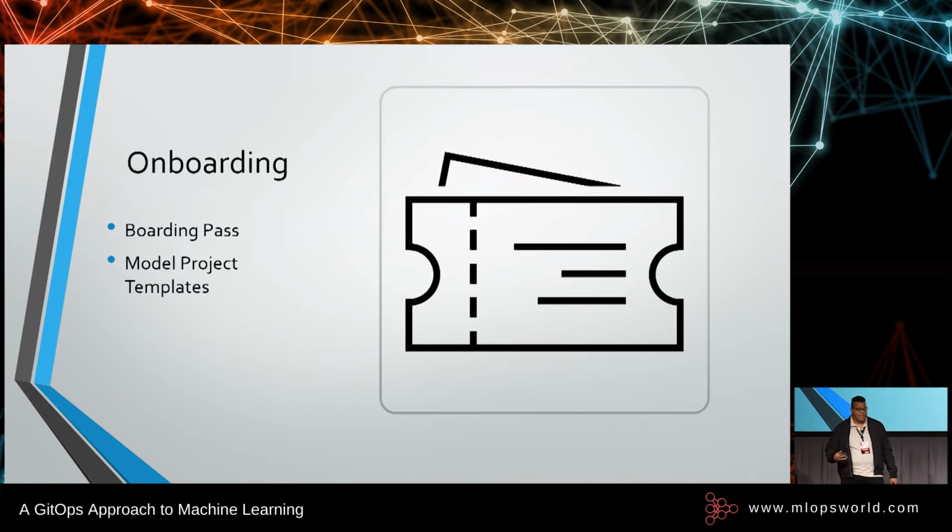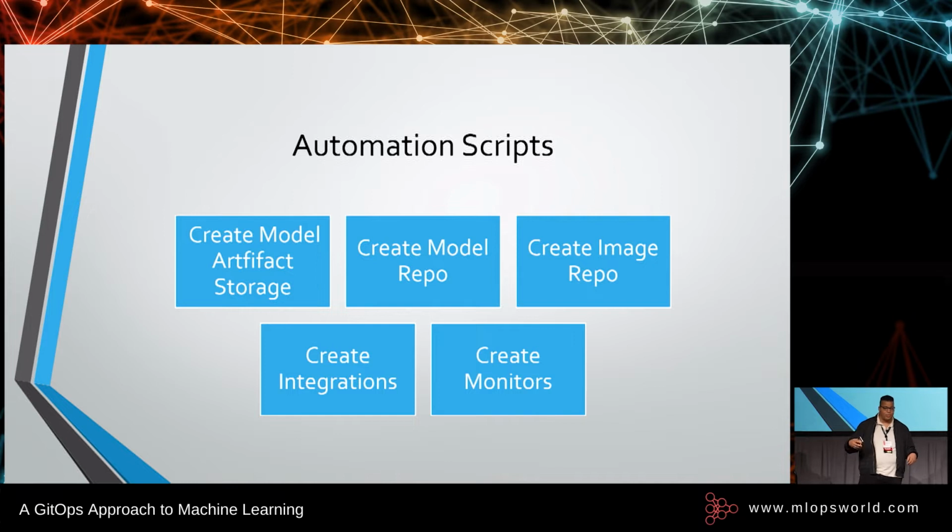What boarding pass does is it is a set of automated processes that are stored inside one centralized repository. When you want to run a pipeline, it kicks off all of these automation scripts that can create our model artifact storage, our model repo, integrations with Jira and Slack, our monitors and Datadog.